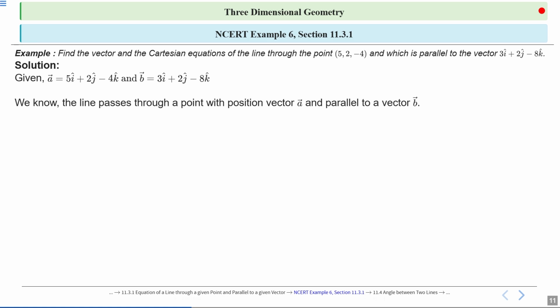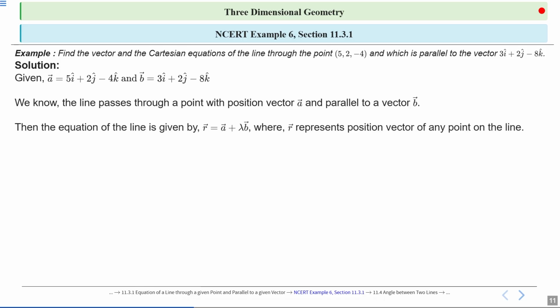This is the standard result in vector geometry. The general vector equation of a line is vector r equals vector A plus lambda times vector B, where vector r represents the position vector of any point on the line.